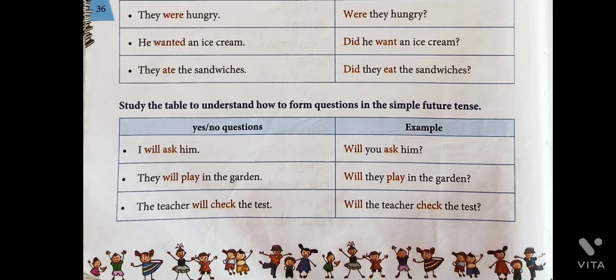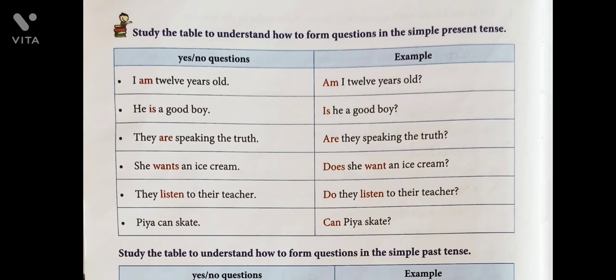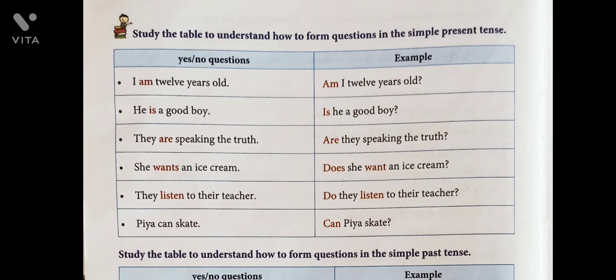Will the teacher check the test? Question mark. So this was the table to understand how to form question in the simple future tense. Everyone got it? I hope you have understood the concept of simple tense, that is simple future, simple past and simple present tense.